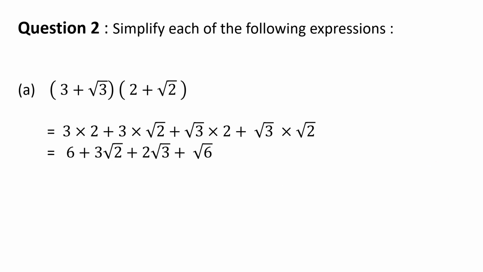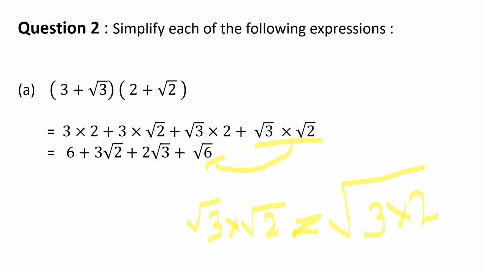So root 3 into root 2 is root 3 into 2, and 3 into 2 is 6. That is the reason why root 3 root 2 became root 6 here.